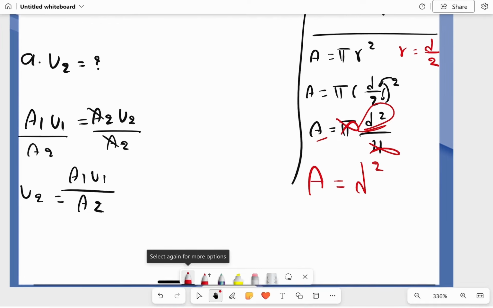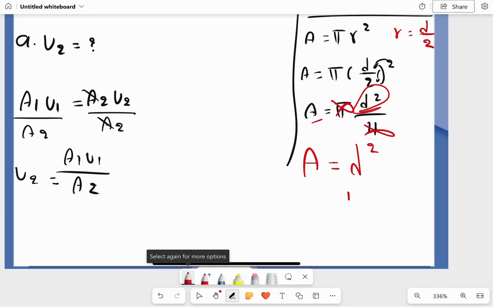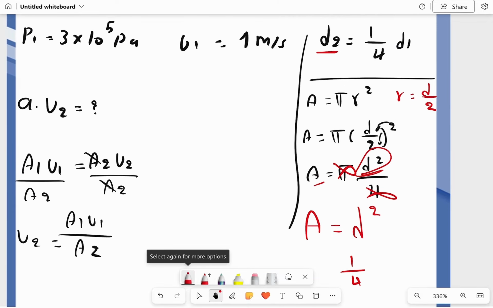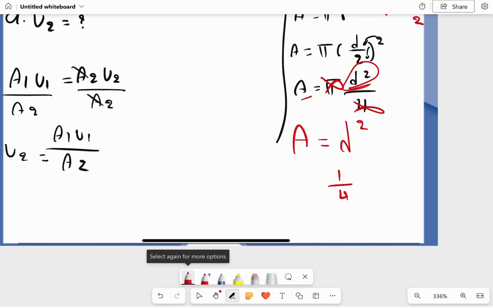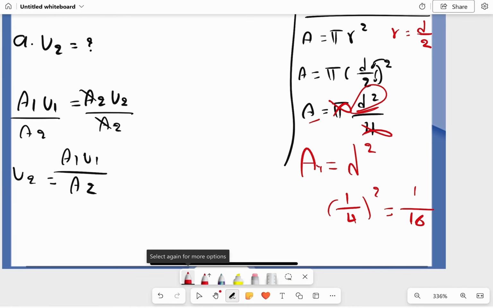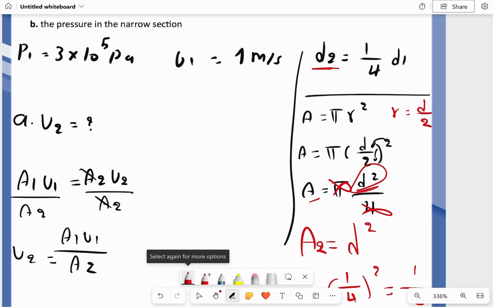So let's put this diameter here. We say 1/4 of D1, all of it squared, and you have 1/16. This is A2 because we have diameter 2 here.